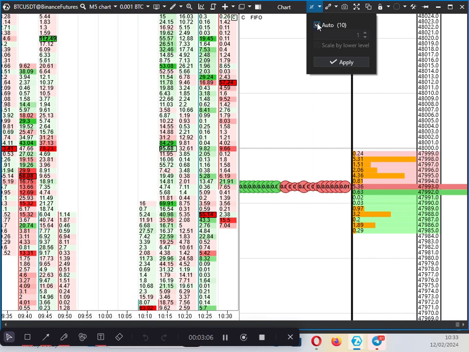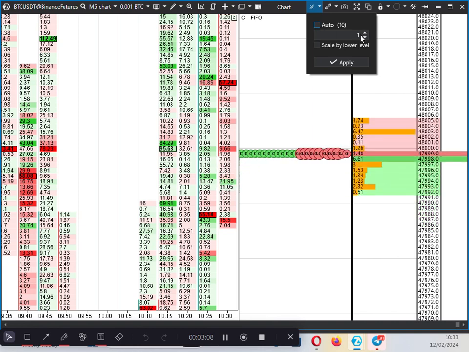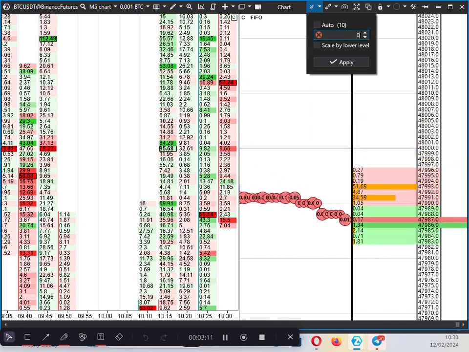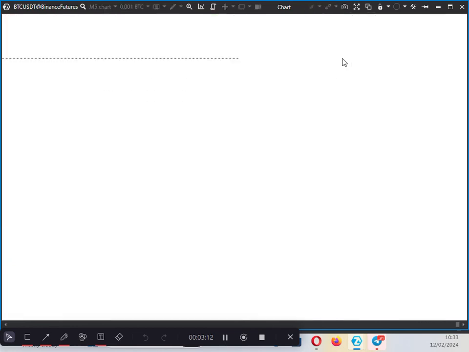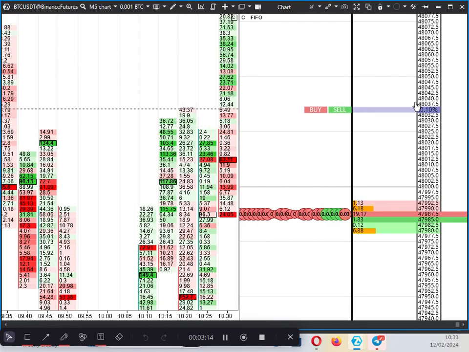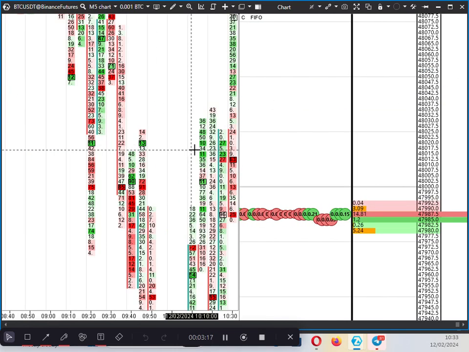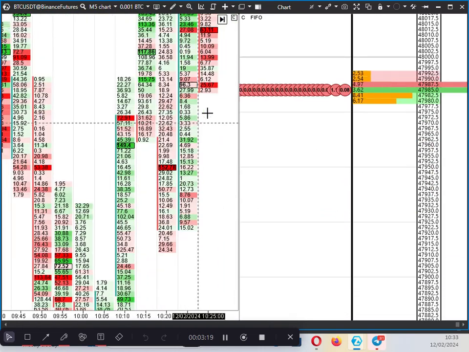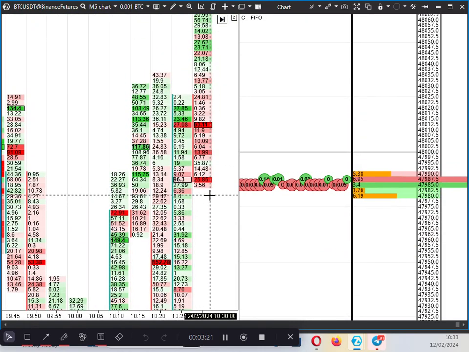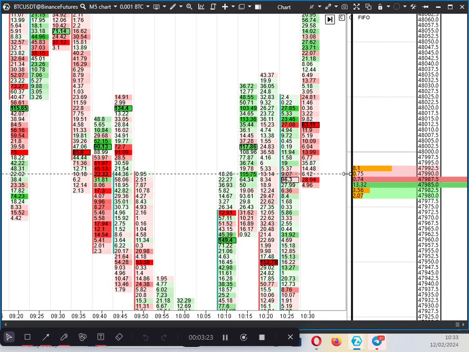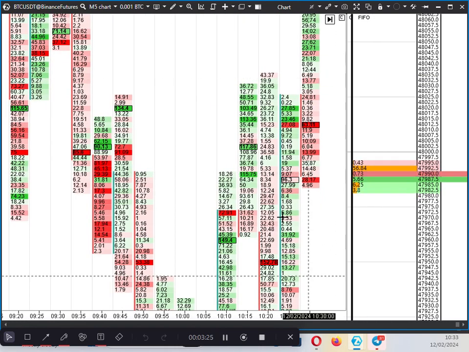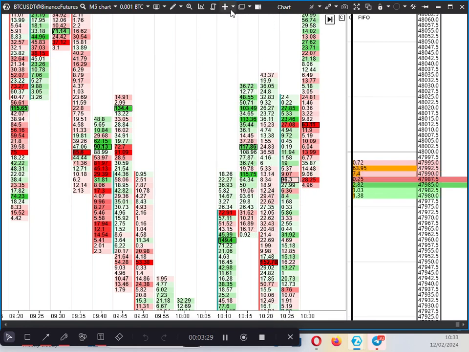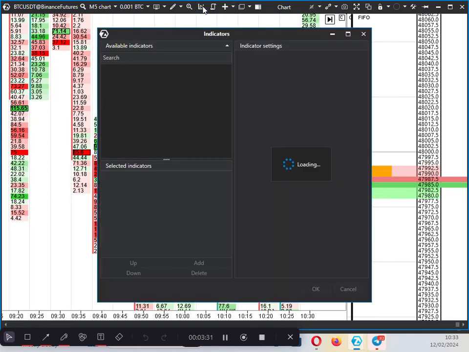You can also go to this where it says auto. I like to change it to around 25. What that'll do is shorten it, so you're not really seeing the tiny orders that are coming through. I don't really use any of this, but have a little play around, see what you think.